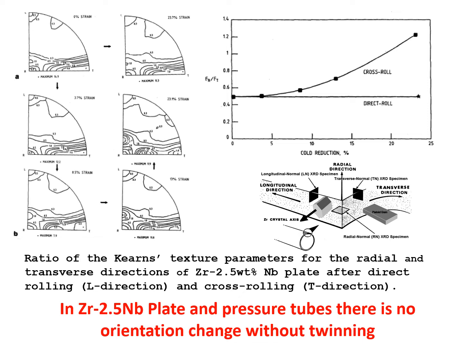However, if we rolled in the transverse direction, which is exciting a lot of shear deformation in the direction parallel with the c-axis, we get a significant amount of orientation change. And this comes about because we have this possibility of twinning on planes which are not in the basal plane.